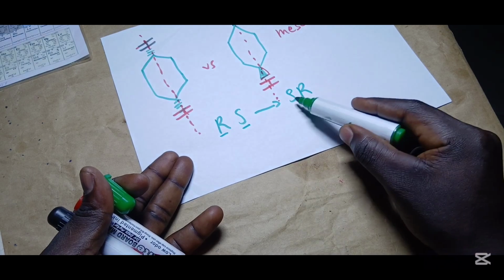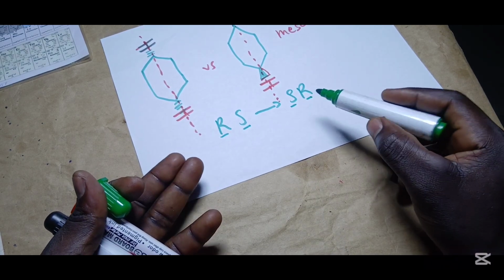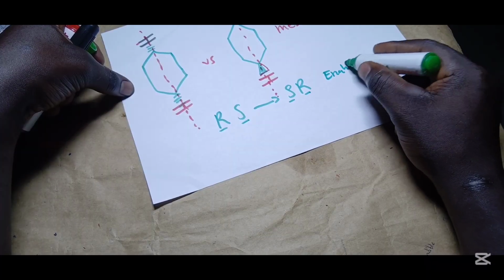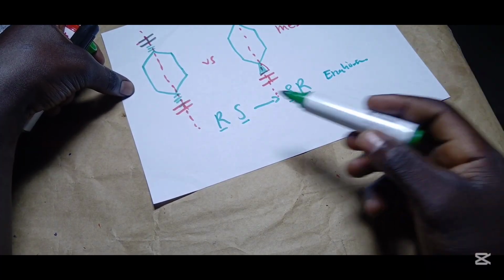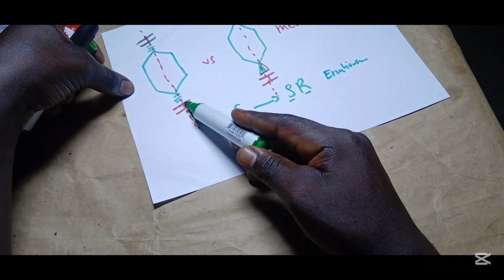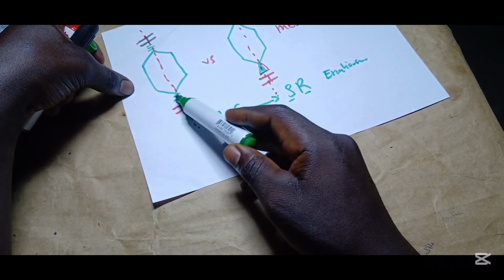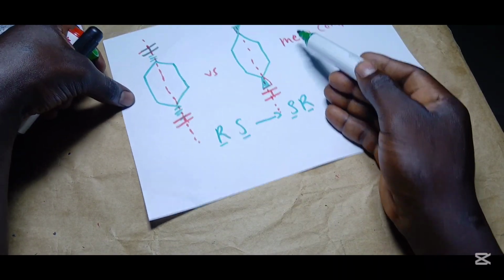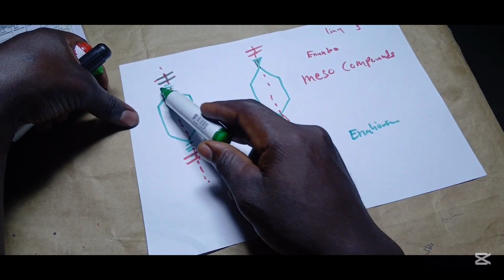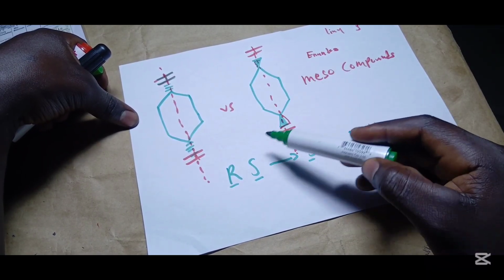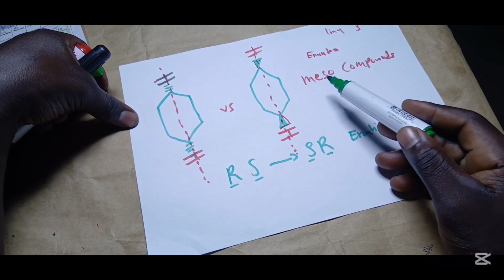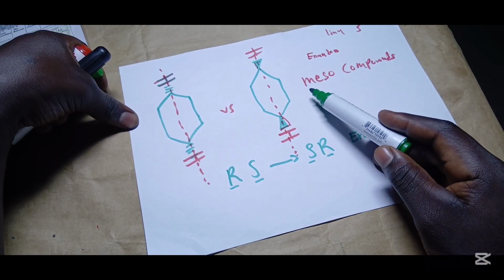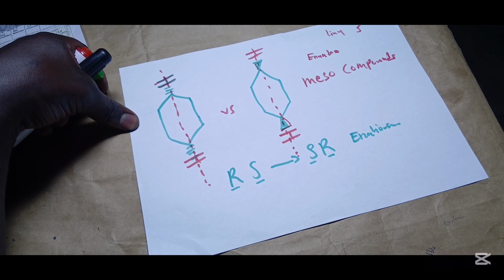So RS is not the same as SR. So they are enantiomers. Here we could have said they are enantiomers because here they are on the dash wedges and here they are on the solid wedges, which means the configuration has changed completely. But because there is a line of symmetry, they cease to be so.